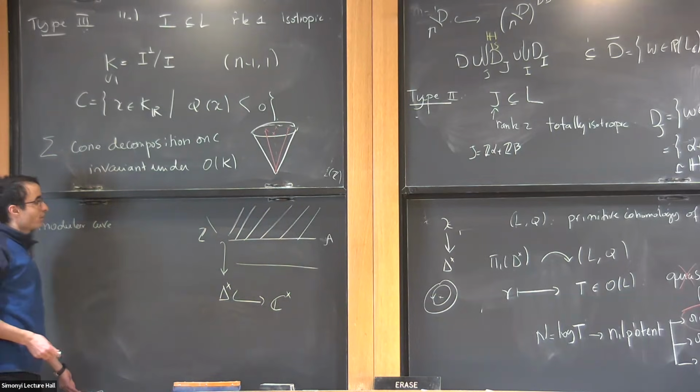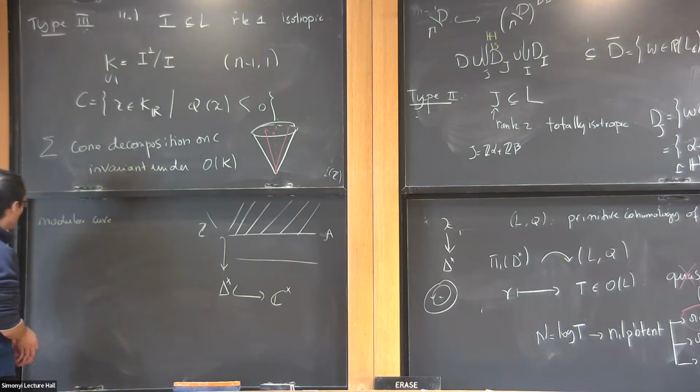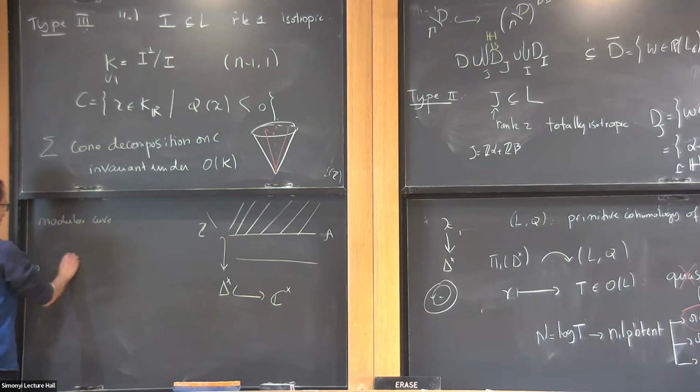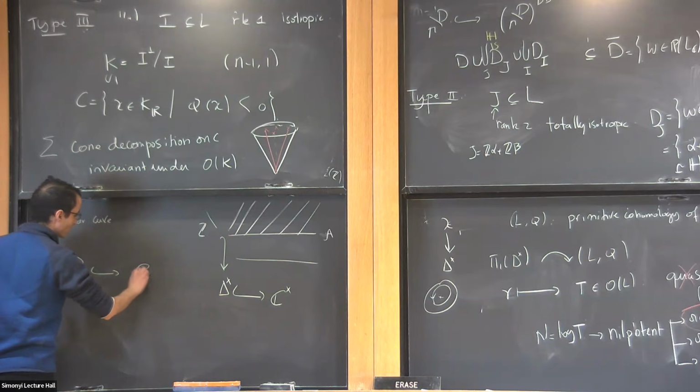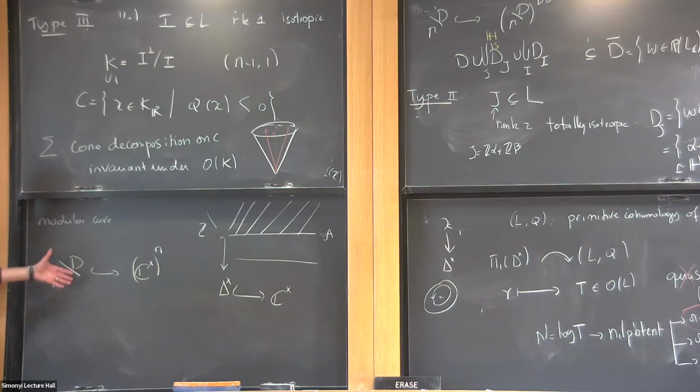And there's a similar picture here where you take the quotient of D by an intermediate group, Gamma tilde, where you embed it in a certain (C star) to the n, when you're approaching this type 3 cusp.